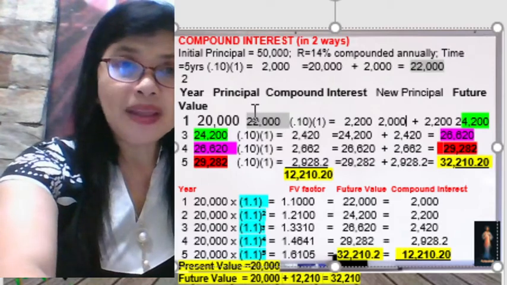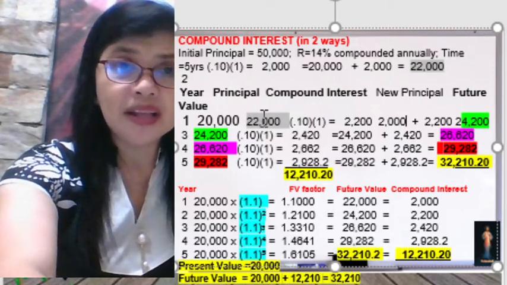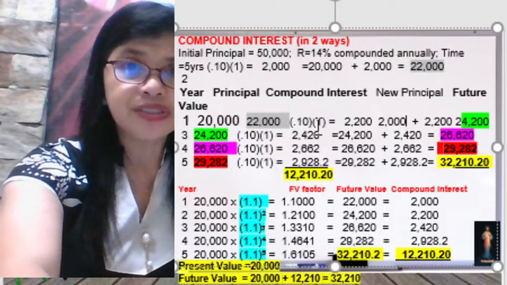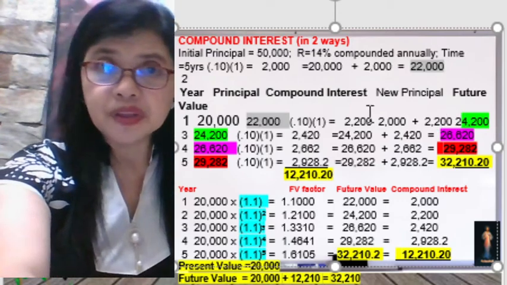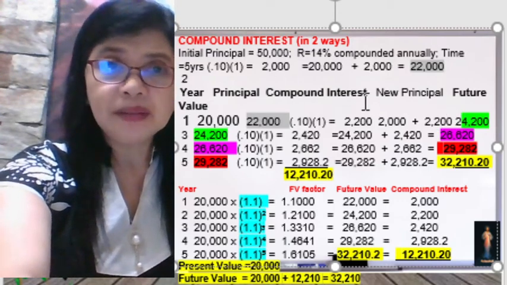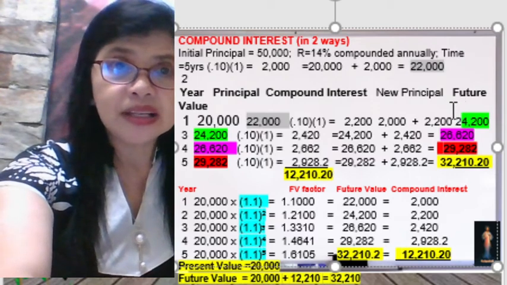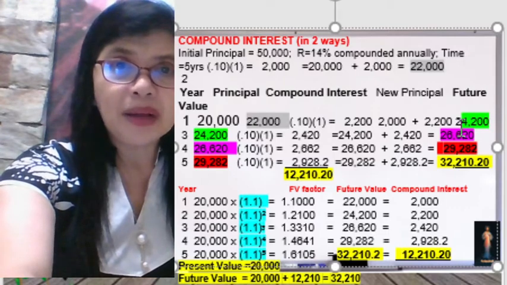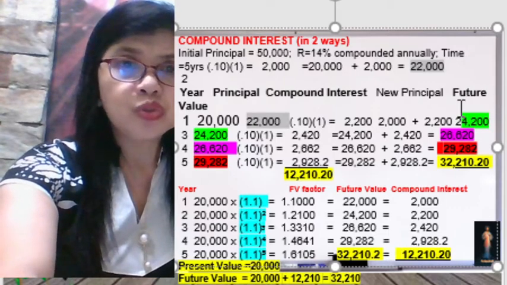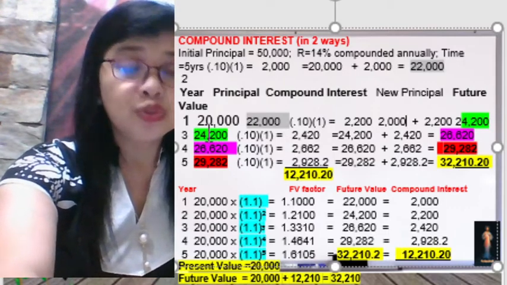So the 20,000 amount on year one has gained interest of 2,000. How much is the interest on the second year? 2,200. So your balance is now 24,200.